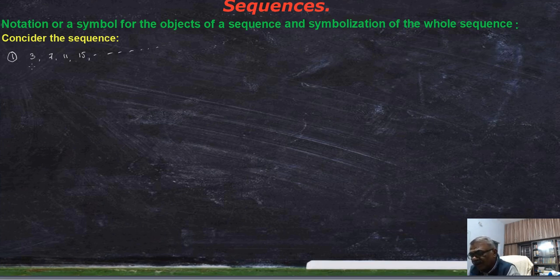Now 3 we can denote it by T1, first term, and 7 second term, and 11 third term, and 15 fourth term, so on and so forth.